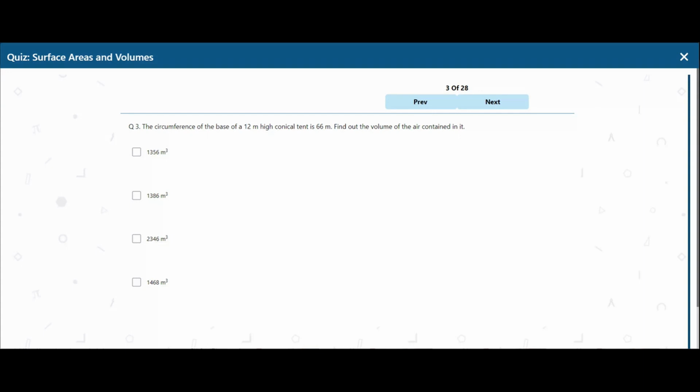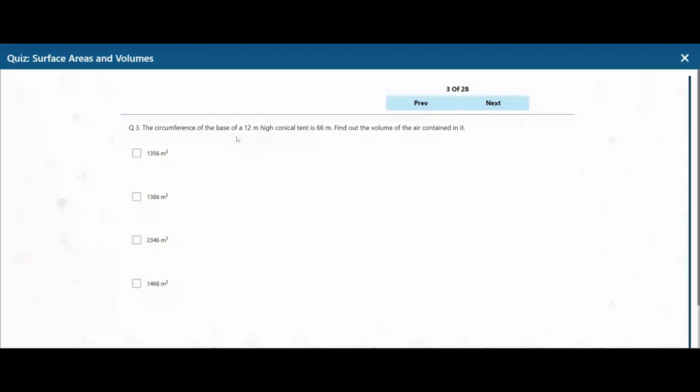Correct. So 1/3 of 10.5, 10.5 pi into 12 you do. 1,386 meter cube, ma'am. That's correct.